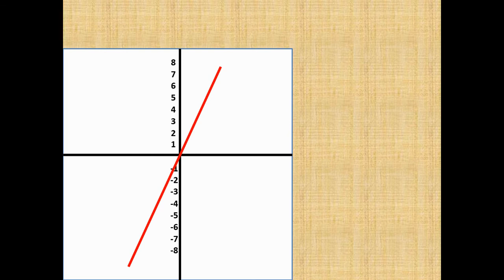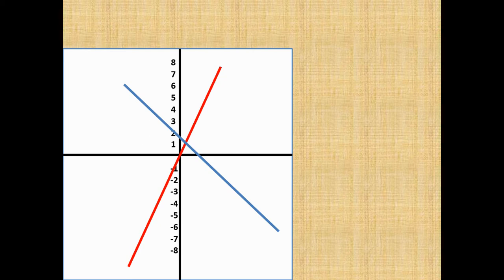So as you can see here, this red line is a positive gradient. The reason we call this sort of line a positive gradient is because if you read the graph from left to right, it's going upwards. And this blue line here, if you read the graph from left to right, like you read a book from left to right, you don't read it from right to left, do you?